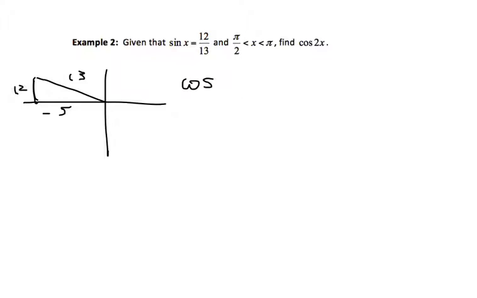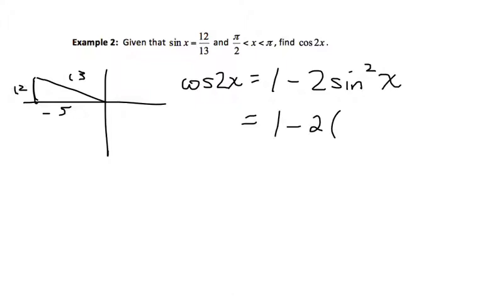So cos 2x is, actually, in this case, we didn't even need to finish our triangle because we could have said cos 2x is 1 minus 2 sine squared x. So we could have done it that way just using our sine value. So 1 minus 2 times 12/13 squared.